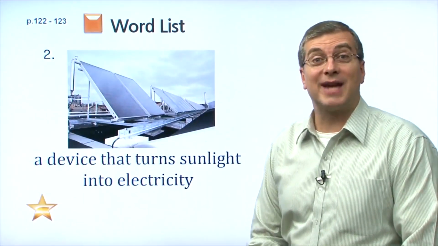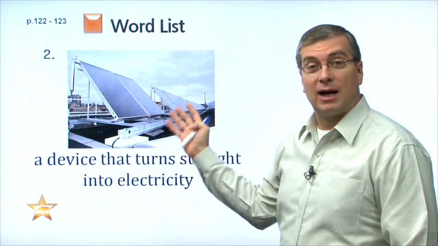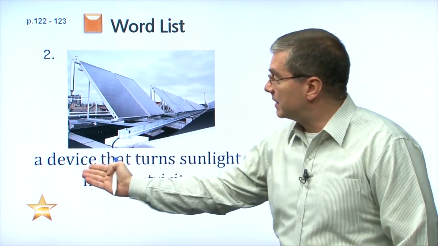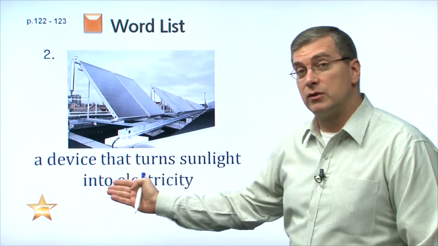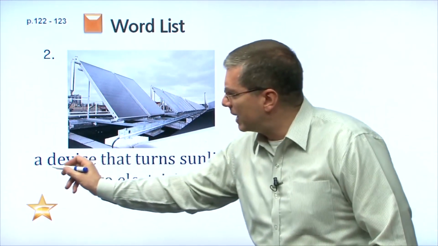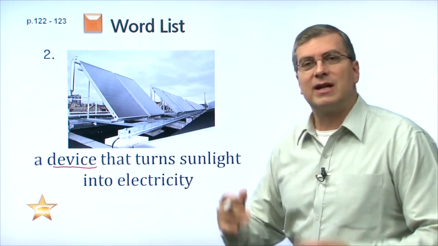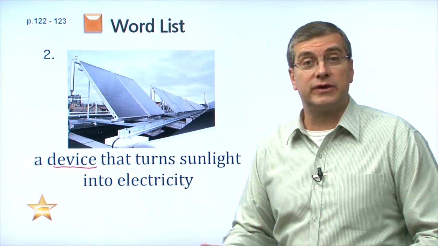Okay, let's look at our second word. Our second word is about this device here. We can see it's a device that turns sunlight into electricity. So let's look at this here. A device. A device is a machine or a tool that you use to do something.